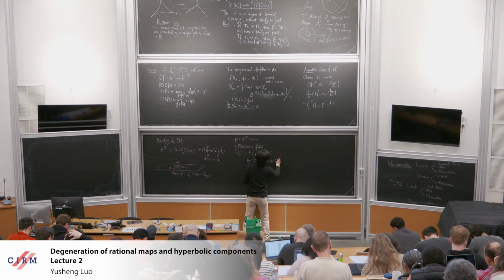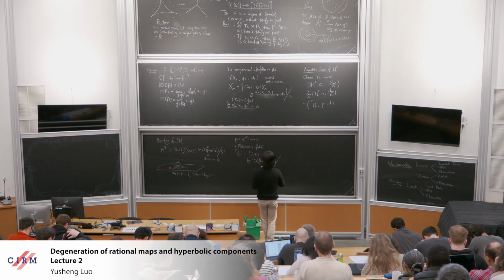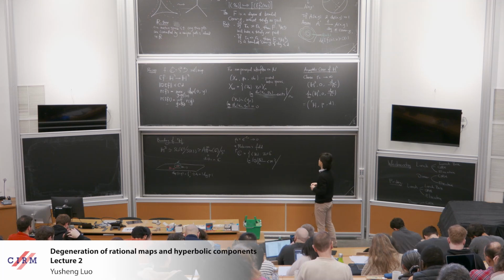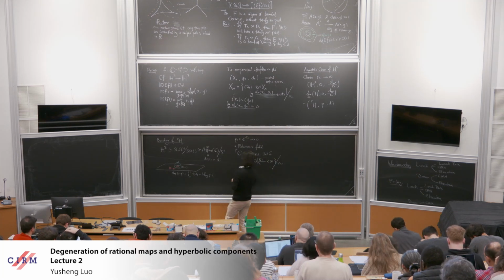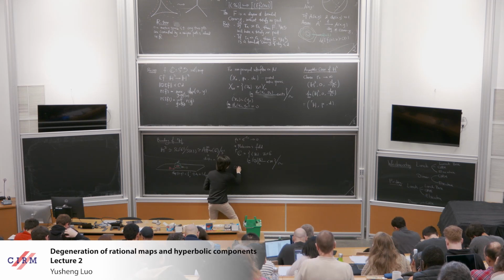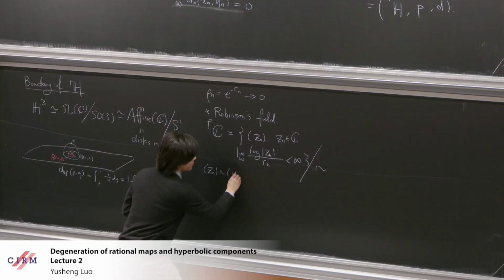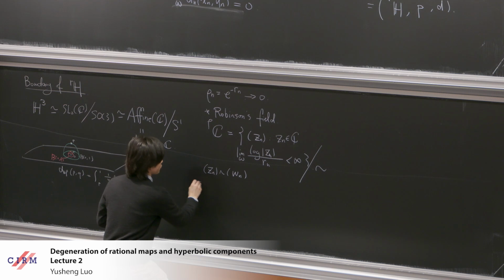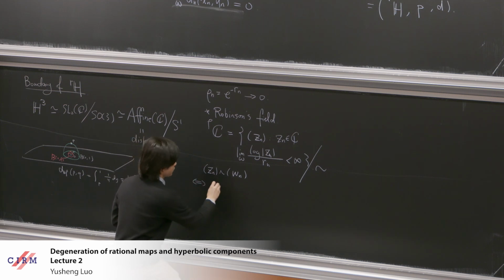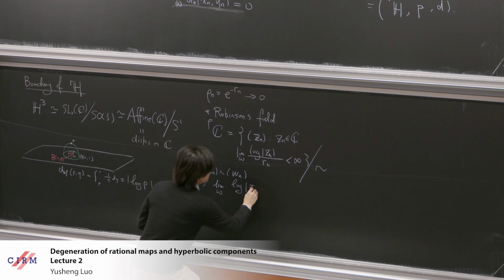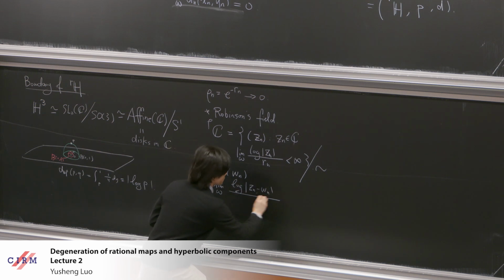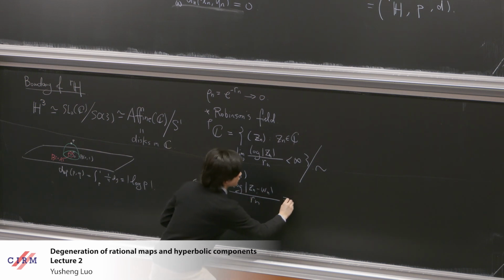And then you quotient by a nice equivalence relation, where Vn is identified with Wn if the difference between Vn and Wn, divided by Rn, goes to minus infinity.